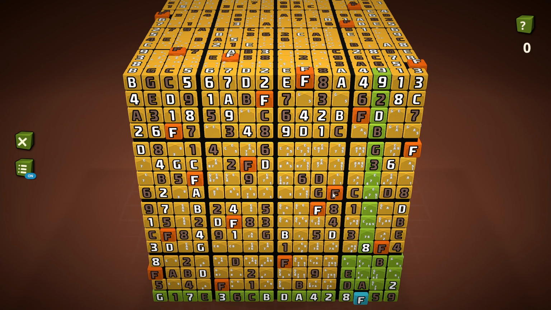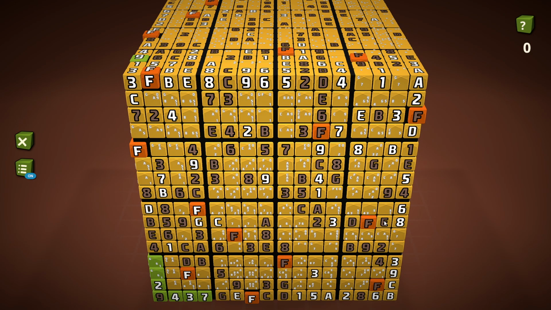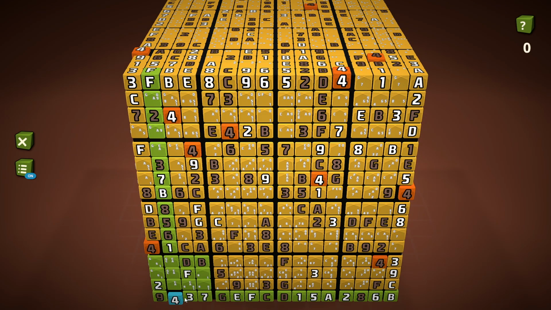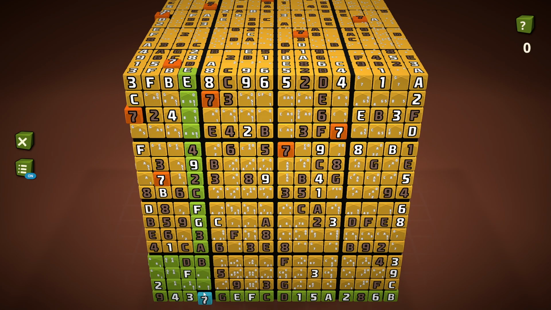Let me. No. No. This side. I believe once again, the stuff we've added would be on this side here. 72.